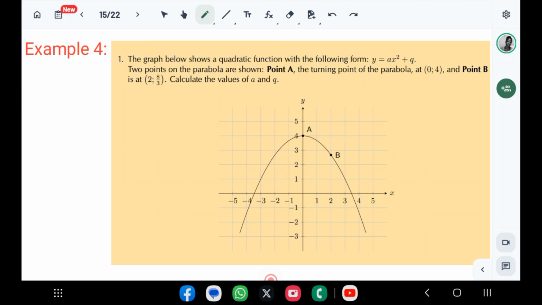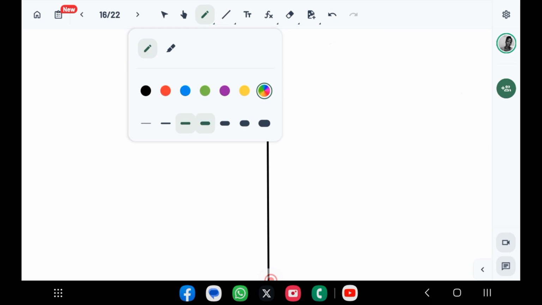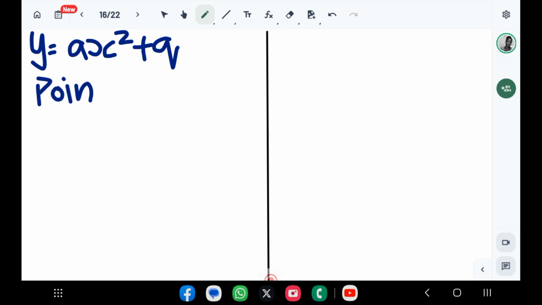We're dealing with y equals ax² plus q. We've got the first point, (0, 4), which lies on y.